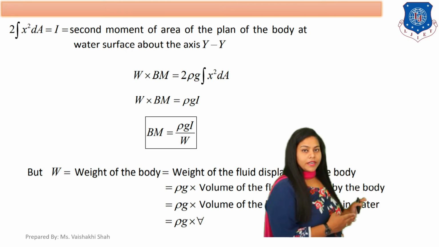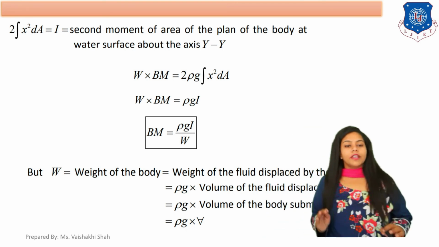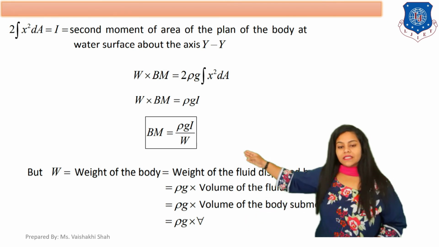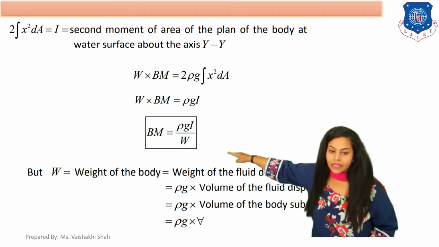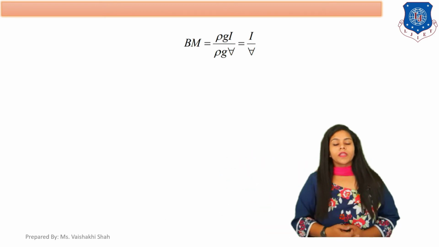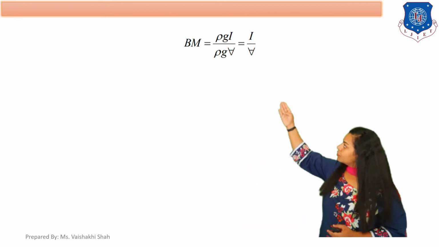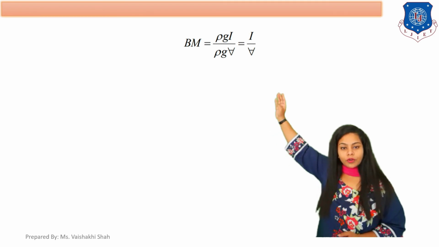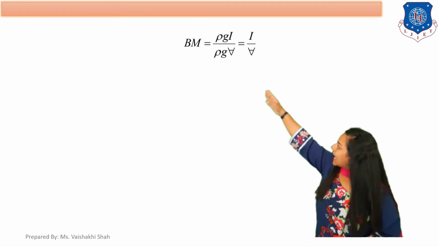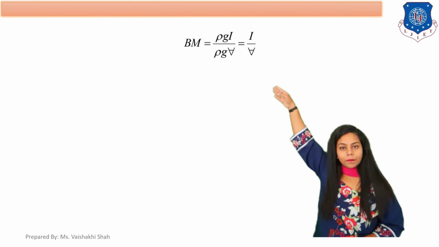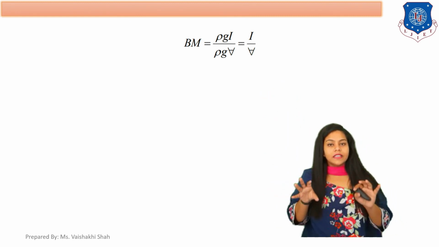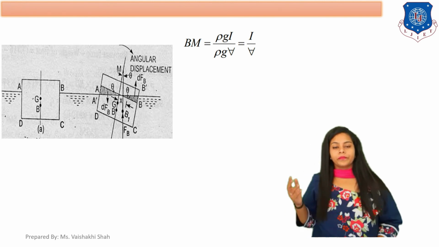We already derived this. So replace W by rho Vg in this equation, and you get Bm equals rho g I divided by rho Vg. Rho g cancels, so Bm is I by V, where I is moment of inertia and V is volume.